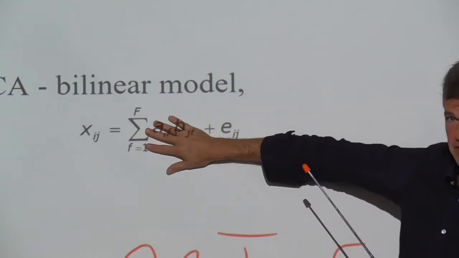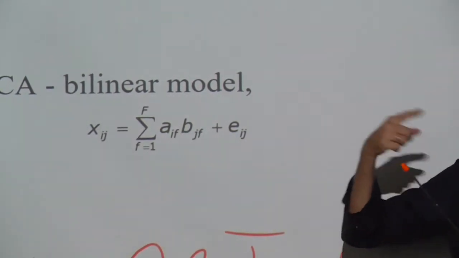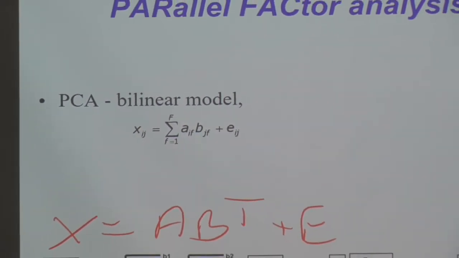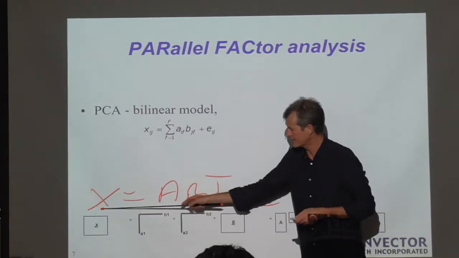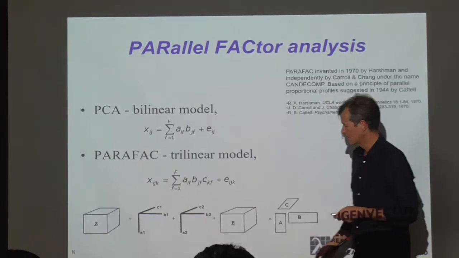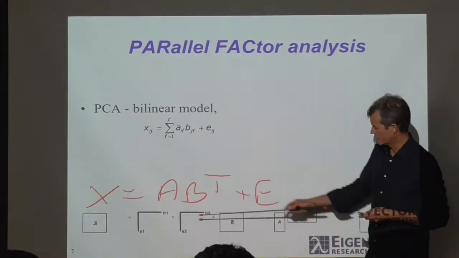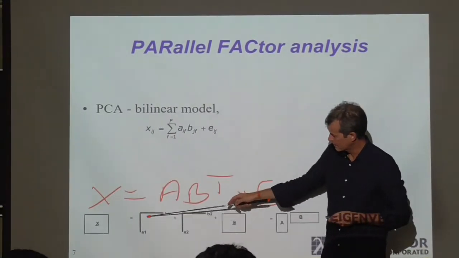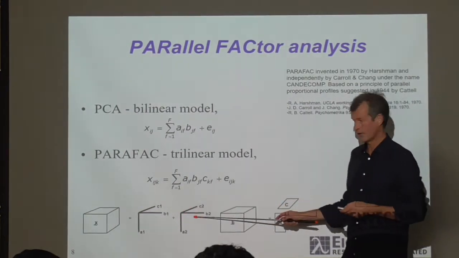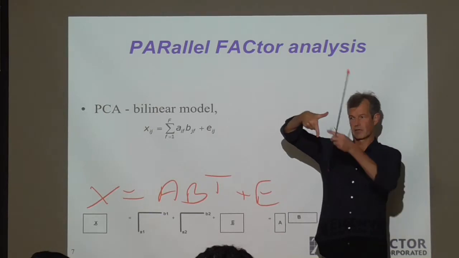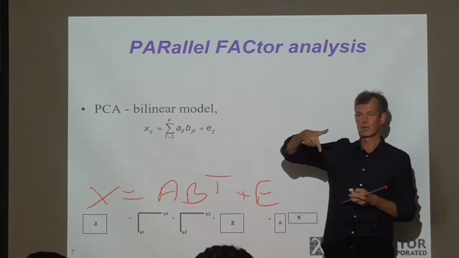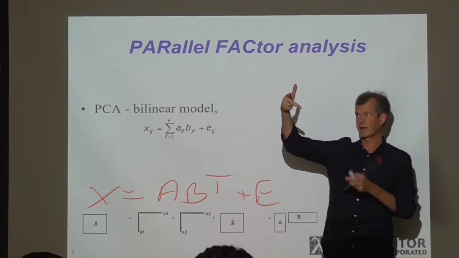But the nice thing about this notation is that I can show you how to do a three-way model. Because imagine we now had a box of data like this. Well, if you see here the difference, I just add another set of loadings. So if this is PCA, score one, loading one, then this is Parafac.